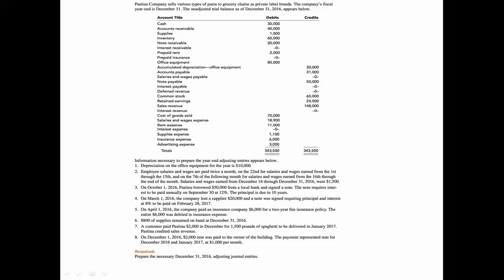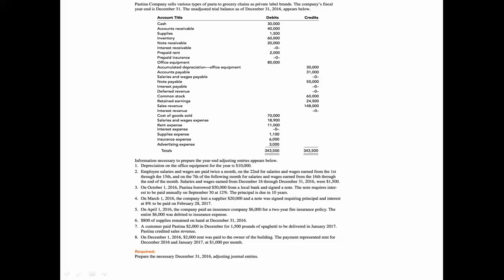On December 1st, okay, so on December 1st, we still have a month left in the year, right? $2,000 rent was paid to the owner of the building. So we're saying, okay, on December 1st, we're going to pay you for this coming month, December, and January, right? So that cash, the January at this point in time, that time has not elapsed.